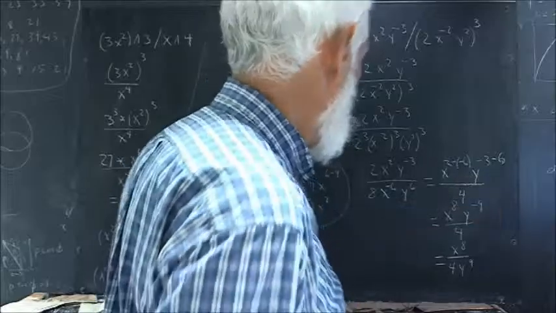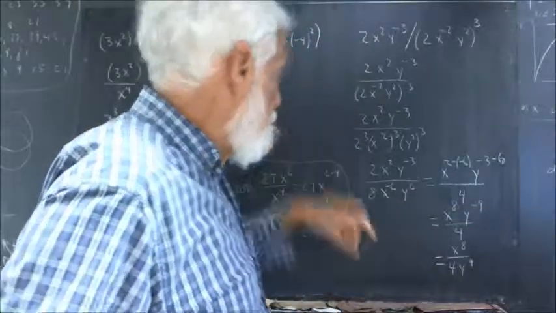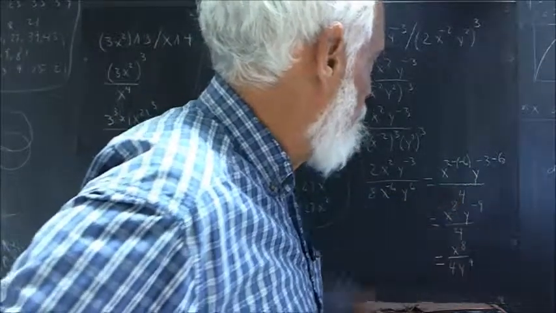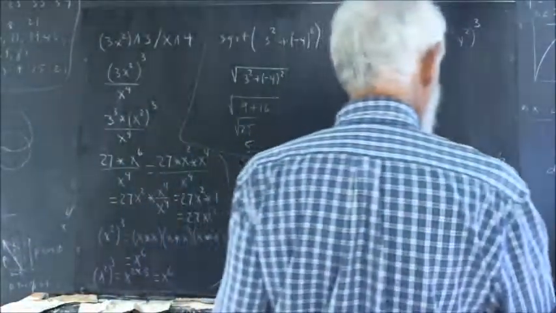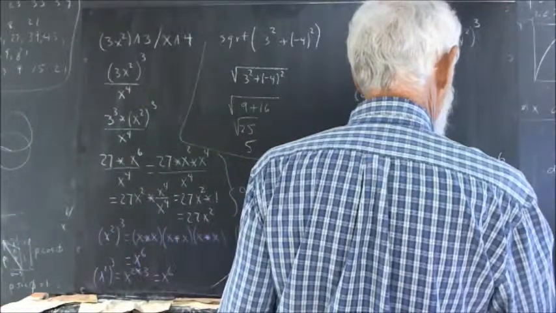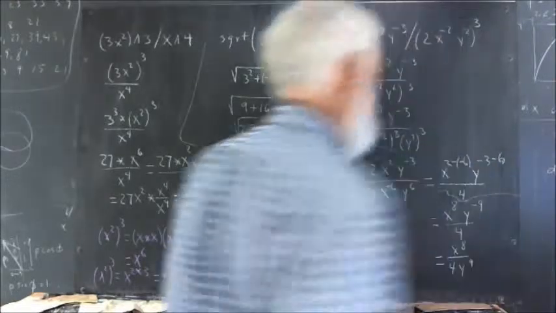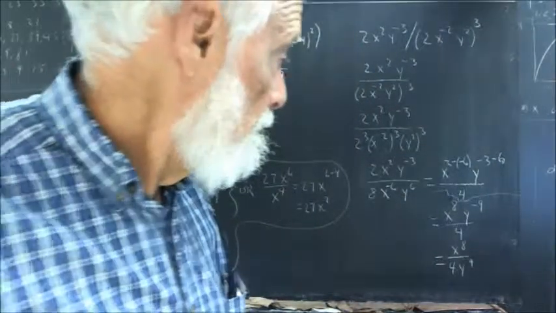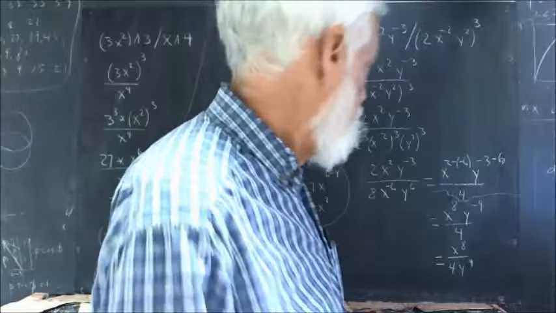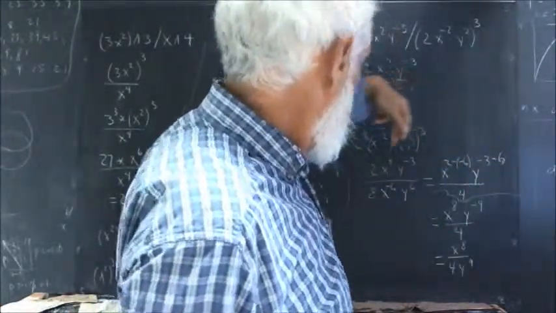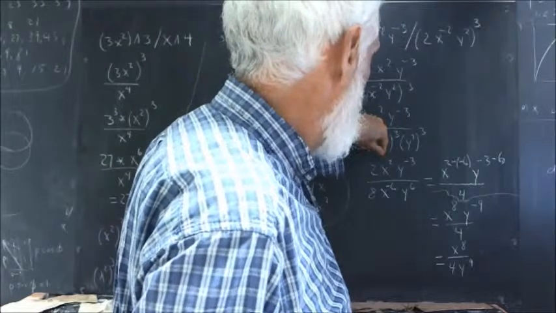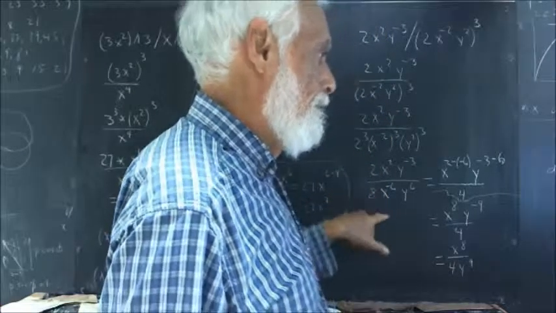Then we simplify this. Okay, well, 2 over 8 leaves us a 4 in the denominator, and things are kind of running together here. Let's make sure we put a line between, not much of a line, whatever that is, a boundary. Okay, we have now x squared over x to the negative 6th.